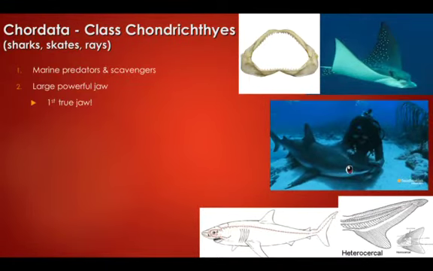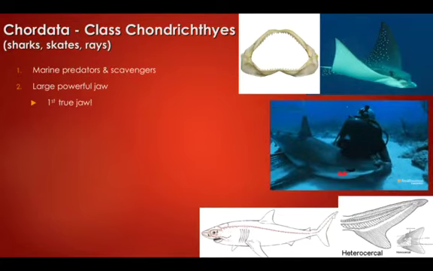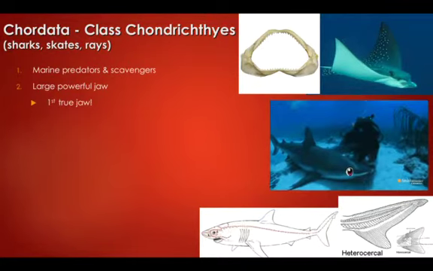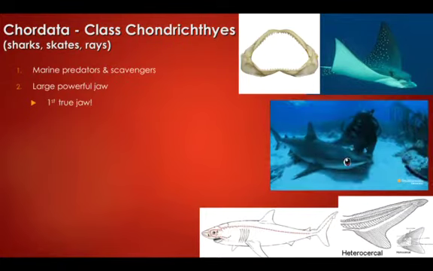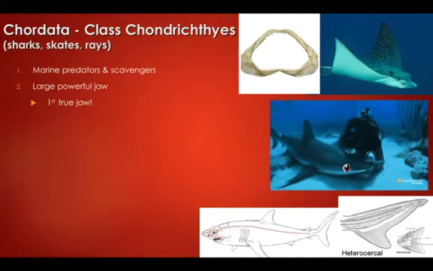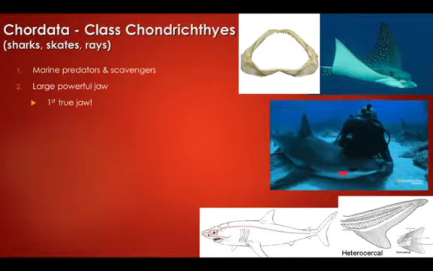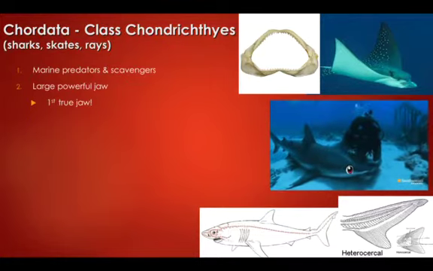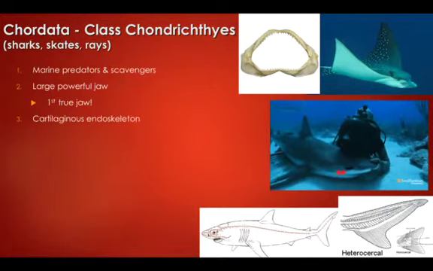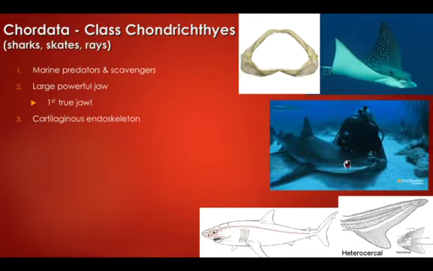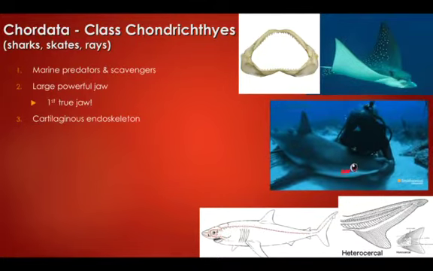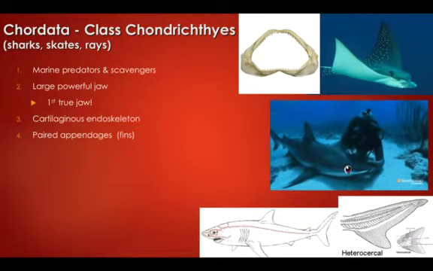So if I ever ask a test question like, which class of vertebrates was the first to develop a true jaw? Well, your answer would be the class Chondrichthyes. And you can remember that because there is literally an entire movie dedicated to the fact that this class has jaws. They still have a cartilaginous endoskeleton, so it's not a true bony skeleton, it's cartilage.